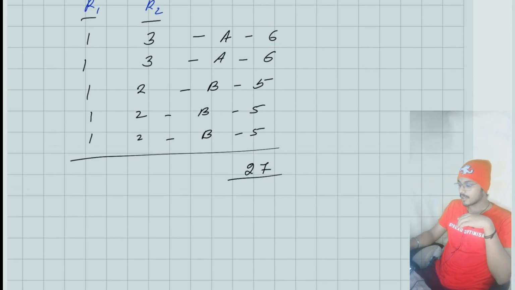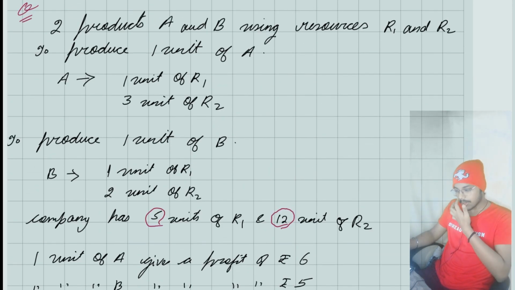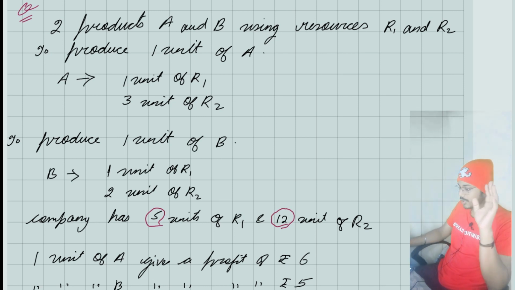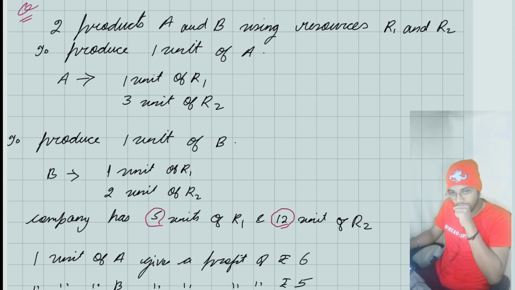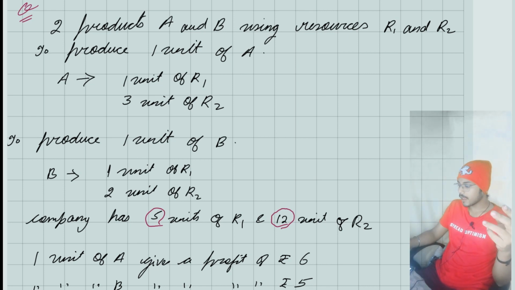After reading the question we can get to know that there are constraints: the company has 5 units of R1 and 12 units of R2, which means you cannot use more than 5 units of R1 and 12 units of R2.